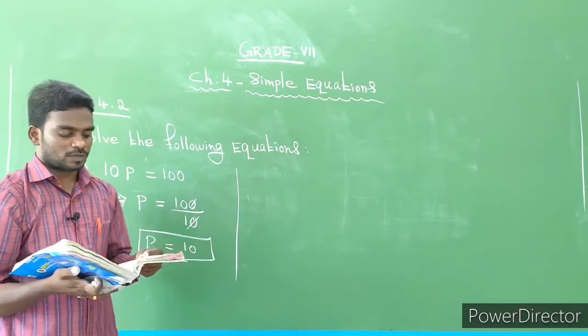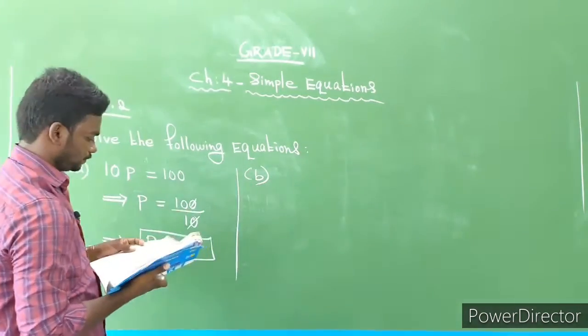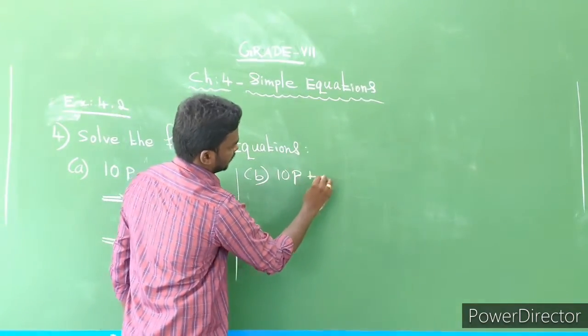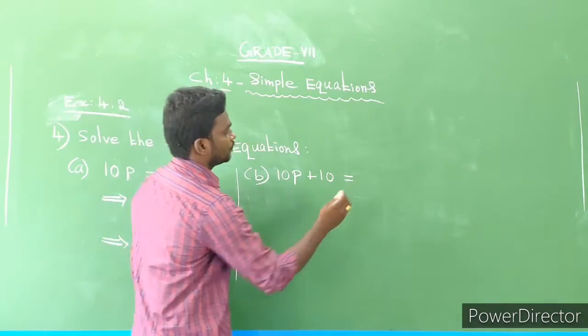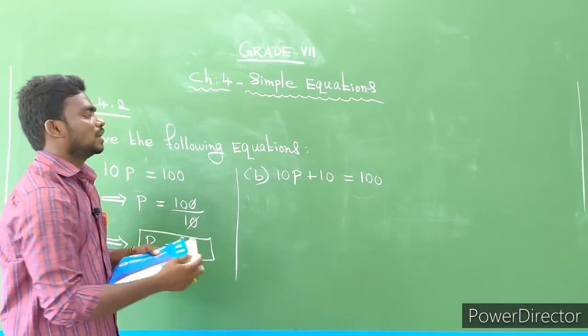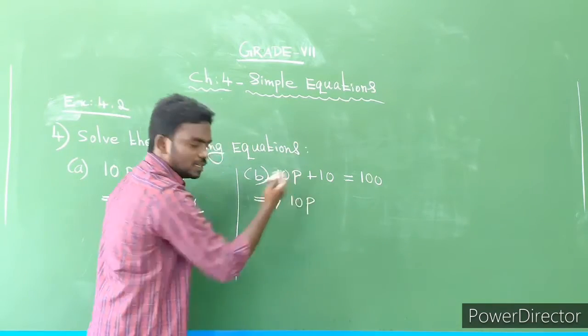See what our second question, B, is. 10p plus 10 is equal to 100 is given. How to solve this? We keep 10p on the left side.